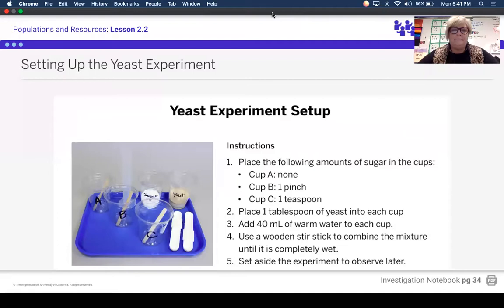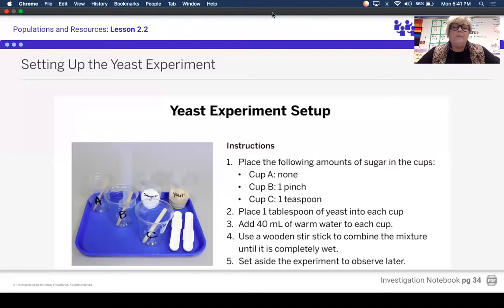Well, here's the thing. The yeast in cup C appeared to grow the most because they produced the most bubbles. The bubbles are carbon dioxide from a process called cellular respiration. I know a lot of you guys remember the phrase cellular respiration from 6th grade. And that releases energy.